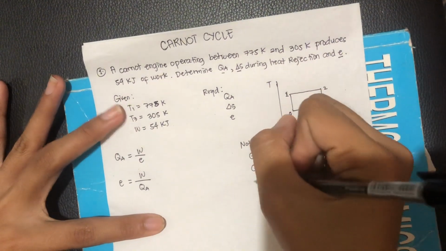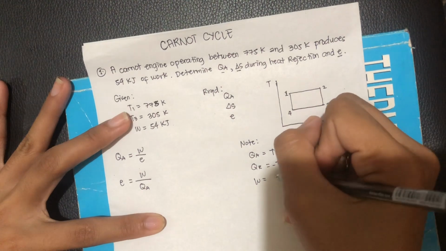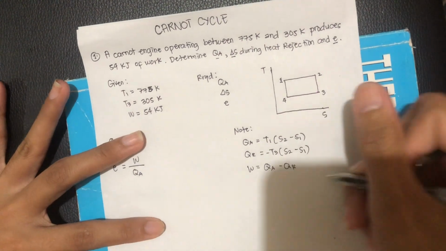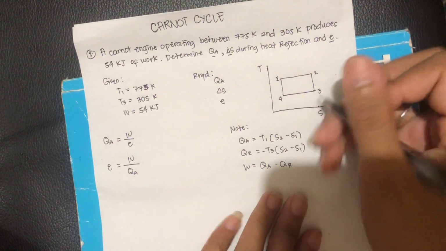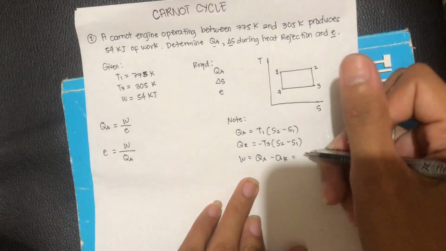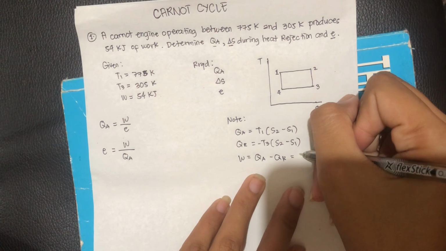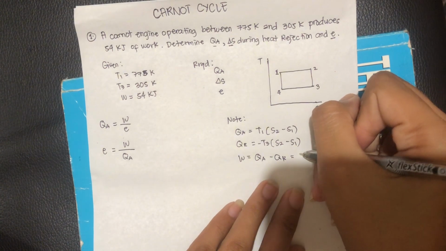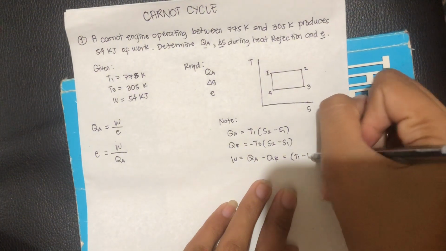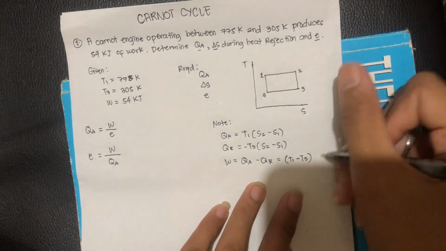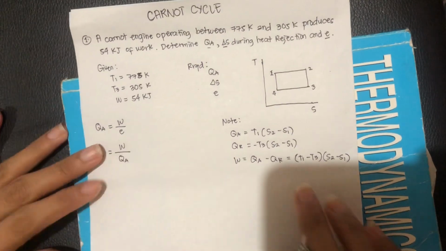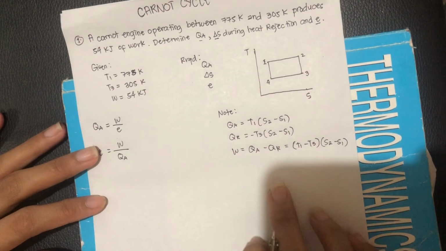Then the work is equal to Q_A minus Q_R, so adding them gives T1 minus T3 times (S2 minus S1), since the entropy change is the same.